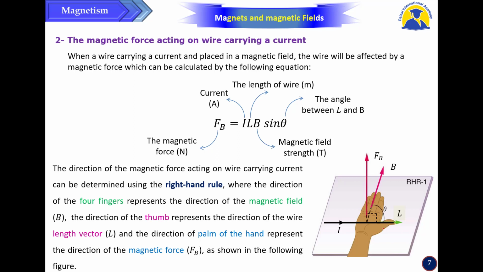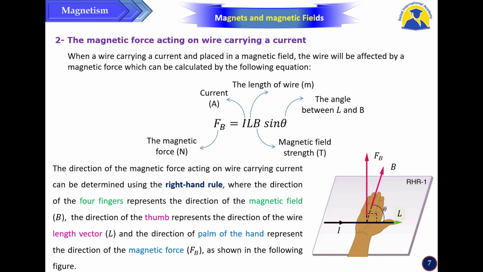Okay, to find the direction of the force acting on the wire, we use the right hand rule, where the direction of forefinger represents the direction of the magnetic field, the direction of the thumb represents the direction of the wire length vector, and the direction of palm of the hand represents the direction of the magnetic force, as shown in the following figure.